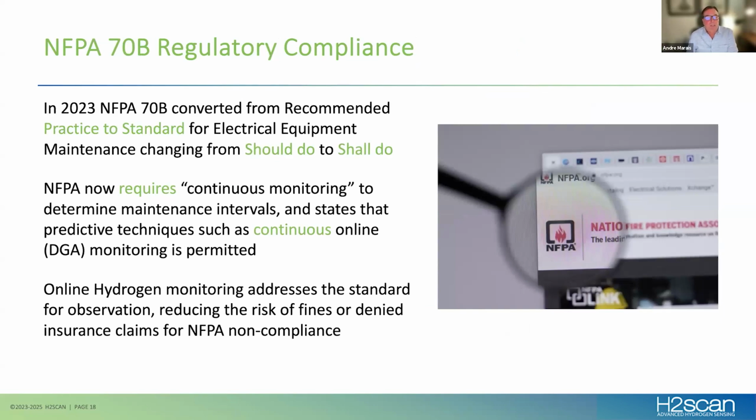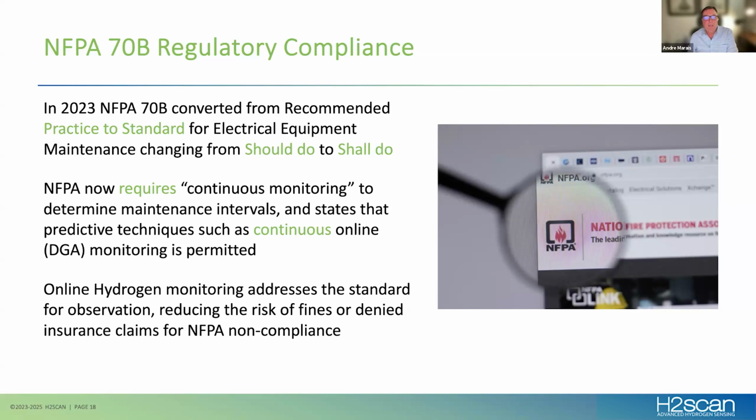I mentioned earlier that it will assist you with the NFPA 70B compliance. In 2023, the standard was converted from a recommended practice to what is now standard, and they changed a lot of the language from should do to shall do. And NFPA now requires continuous monitoring, and what we mean here by continuous, periodic is still certainly a candidate for it.